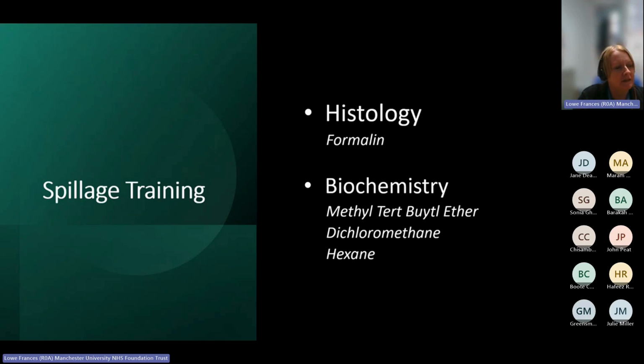But one of the things I was told was methyl tert-butyl ether, dichloromethane and hexane, which are all used to extract androgens and vitamin B and D from specimens. These are all quite dangerous and will require specific training. I was told as well that, for example, with the methyl tert-butyl ether, if there was a spillage of that, the lab would have to be evacuated.